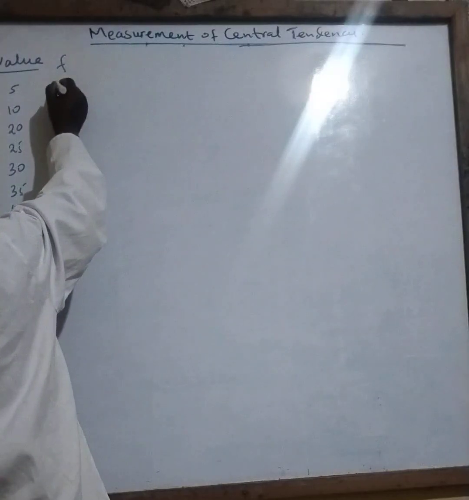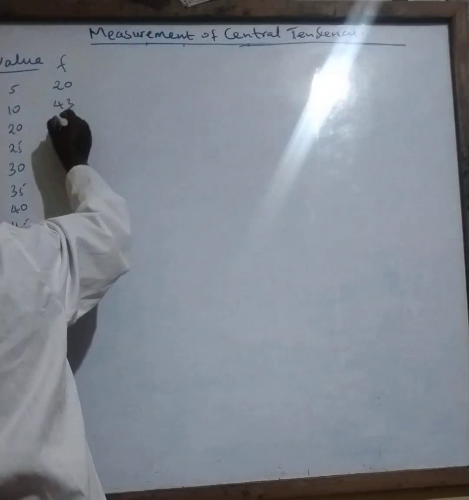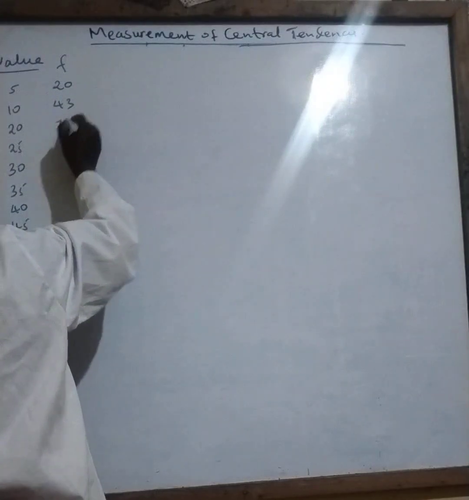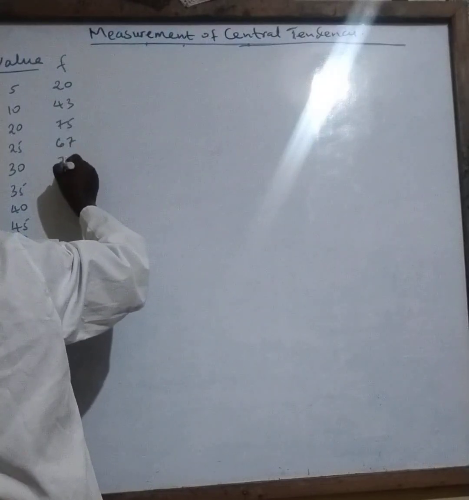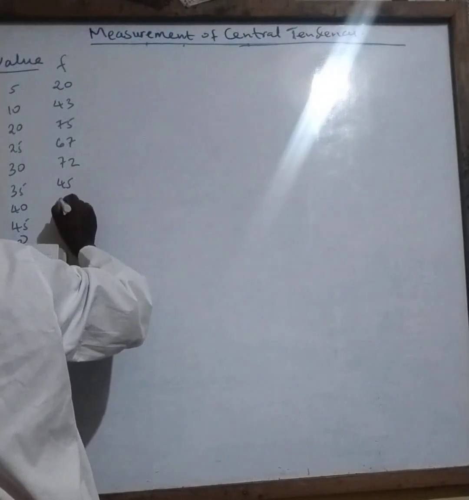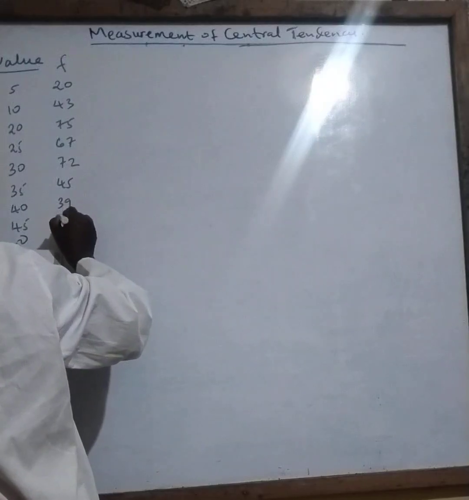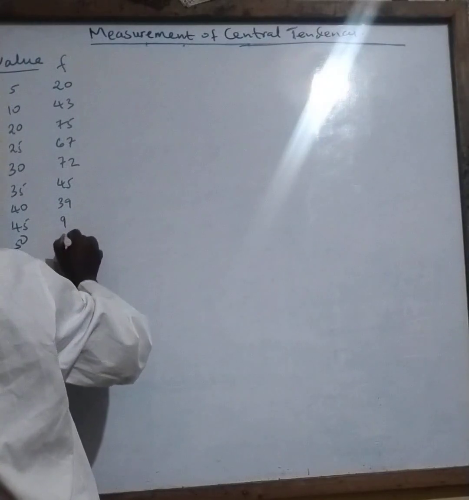Frequency, we have 20, we have 43, we have 75, we have 67, we have 72, we have 45, we have 39, we have 9, we have 8, and 6.